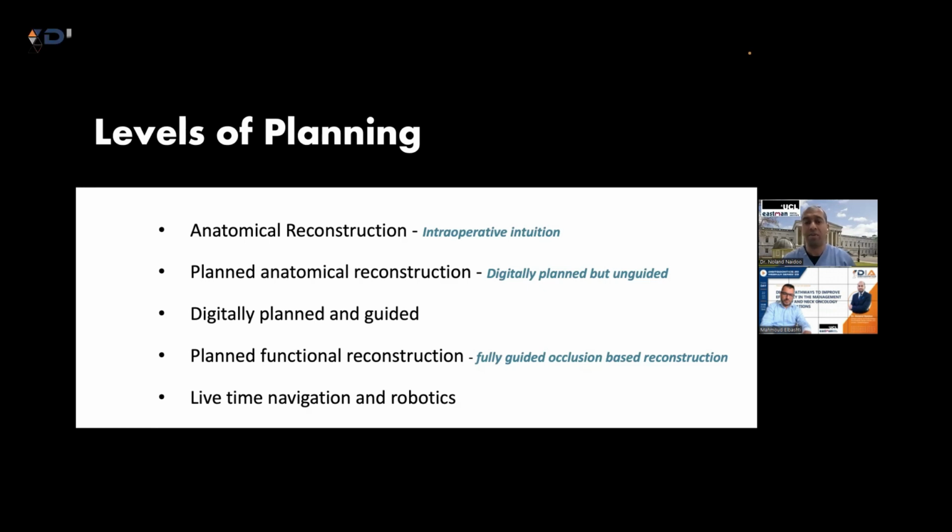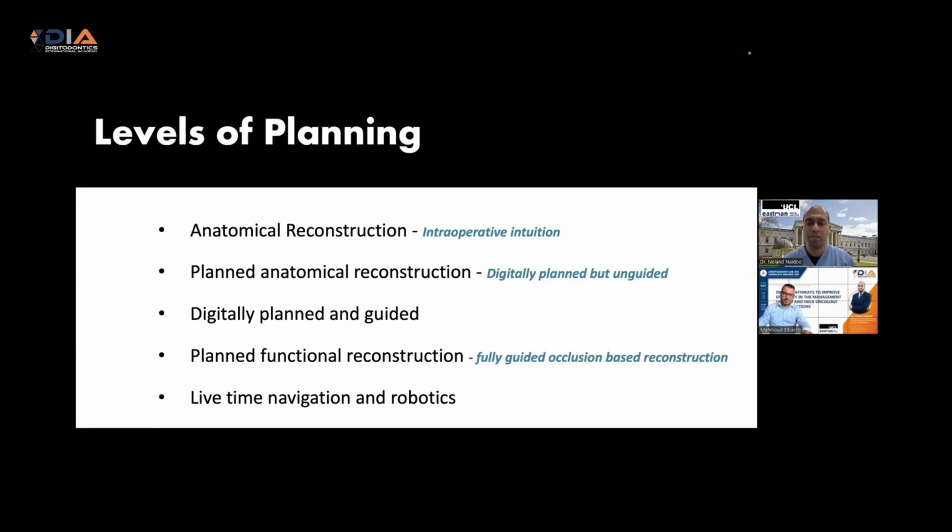So with the advent of technologies, CBCTs, several different planning softwares, we are now able to digitally plan what we're going to do, especially with the communication skills that we're developing as teams.